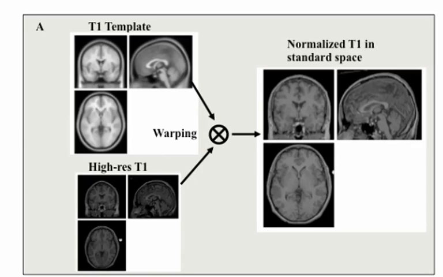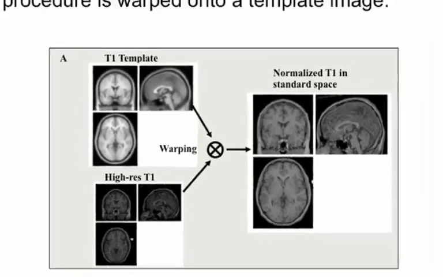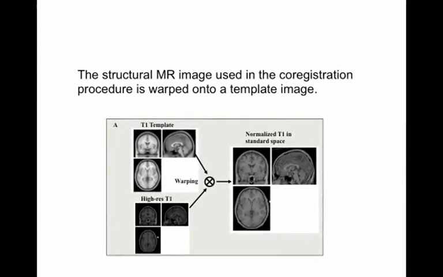We want to take this high resolution T1 image and map it onto the template image. Once we've done that, we get a normalized T1 image in standard space. So we have a set of transformations of the high resolution T1 image onto this standard space, which we can later apply to all the functional images.